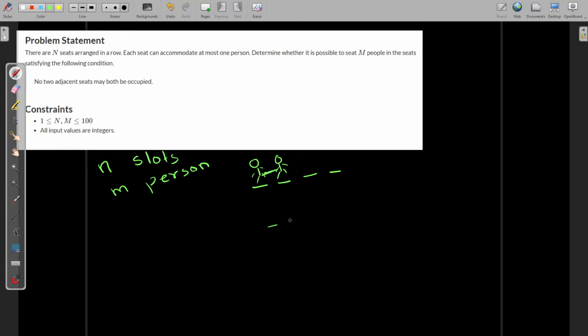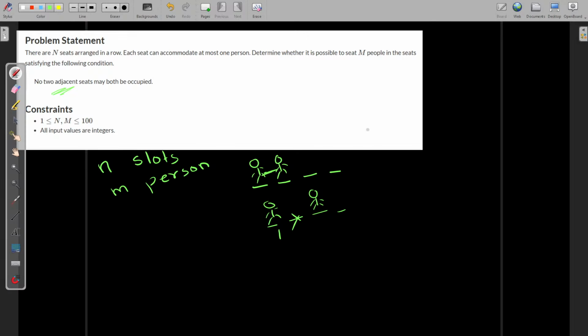So what we can do is place them in alternate fashion, right? Place one over here, then skip one position, and then jump to an alternate position. So using this, we can satisfy this condition. No two adjacent seats may both be occupied. Now, what we have to answer is, can we fill m persons in these n slots in this fashion?